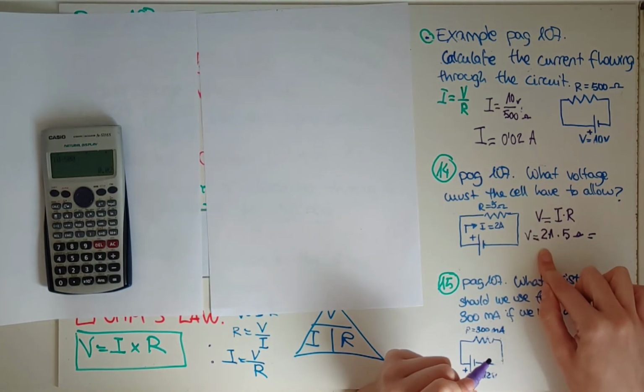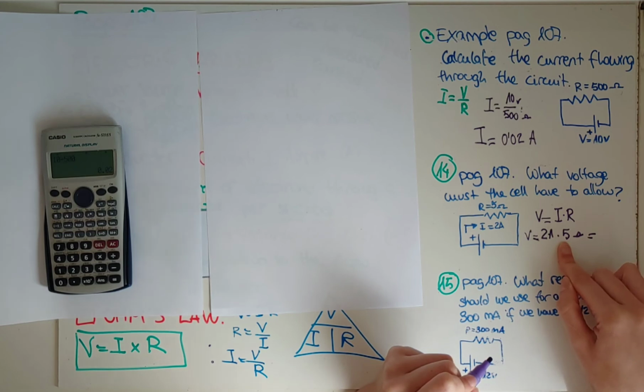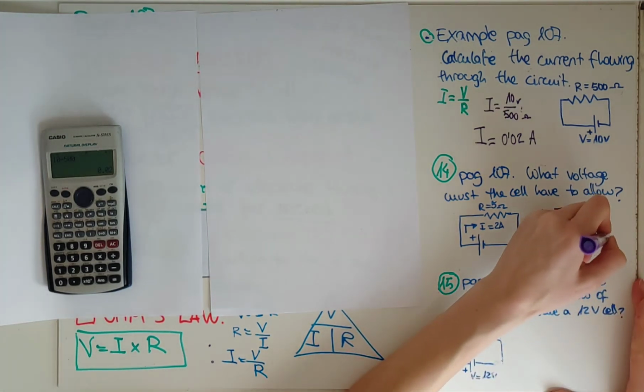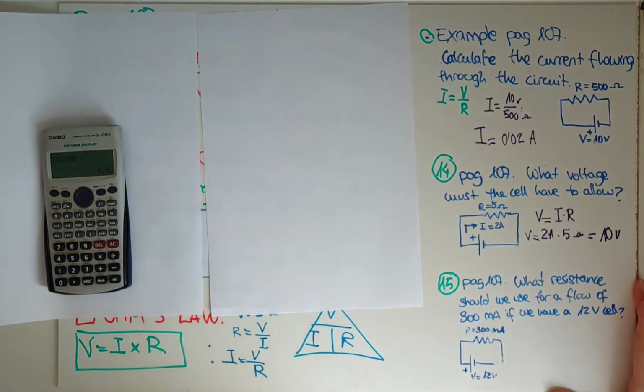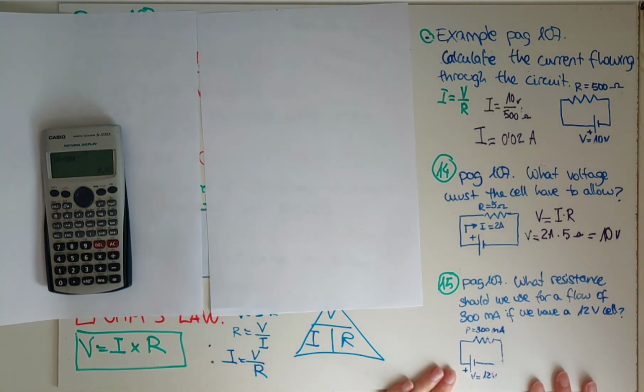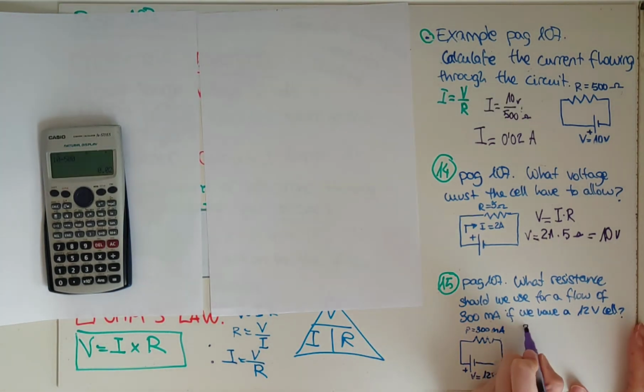Two amps multiplied by 5 ohms is 10 volts. And the last one, what resistance should we use for a flow of 300 milliamps?